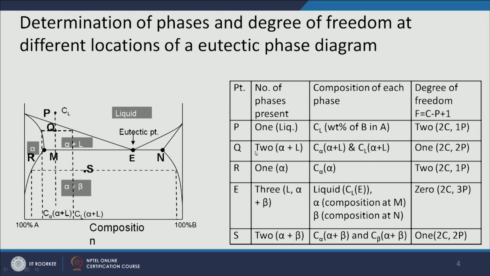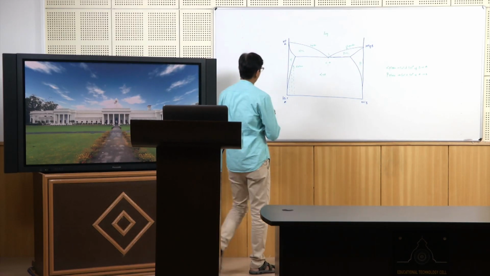At point Q, you have two phases present, alpha and liquid. The alpha phase has a composition C alpha in alpha plus liquid, and the composition of liquid is Cl in alpha plus liquid, okay. Again, as we did earlier, I can have a tie line.